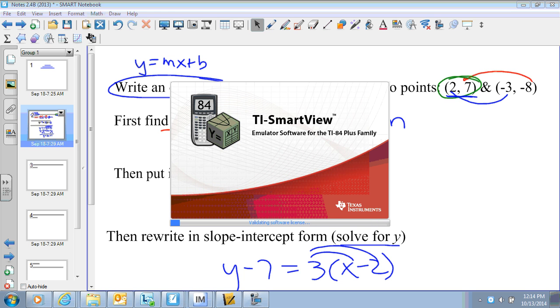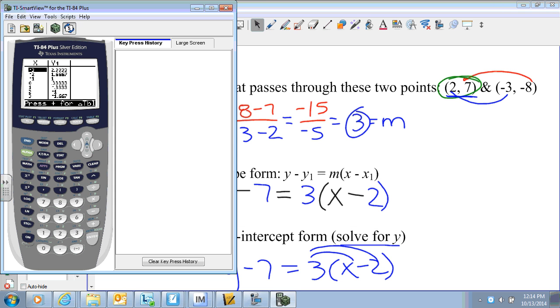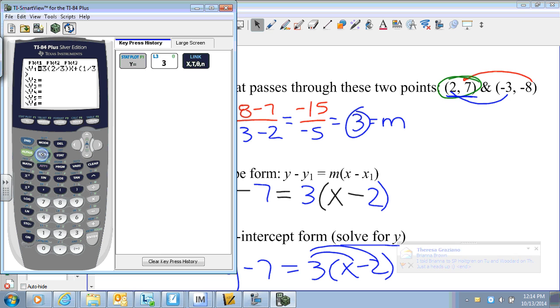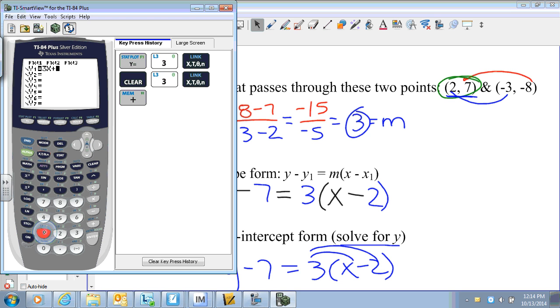If you go to your calculator, go to y equals, and type in what we had. We had 3x, clear what's in there, 3x, and then plus 1. What I'm looking for is, can I find the points 2, 7, and -3, -8?